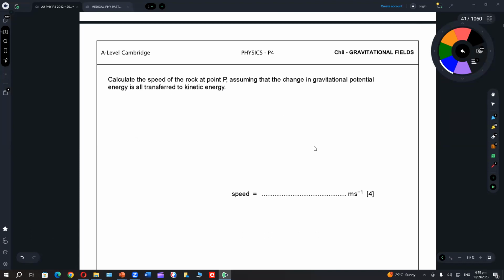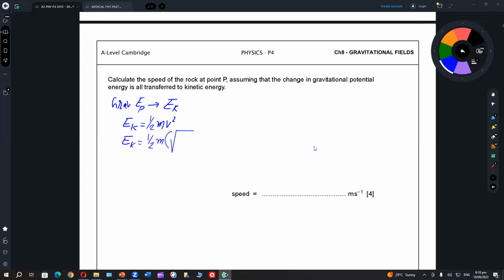So he's saying that gravitational potential energy is converting into kinetic energy. Kinetic energy is equal to half m v square.